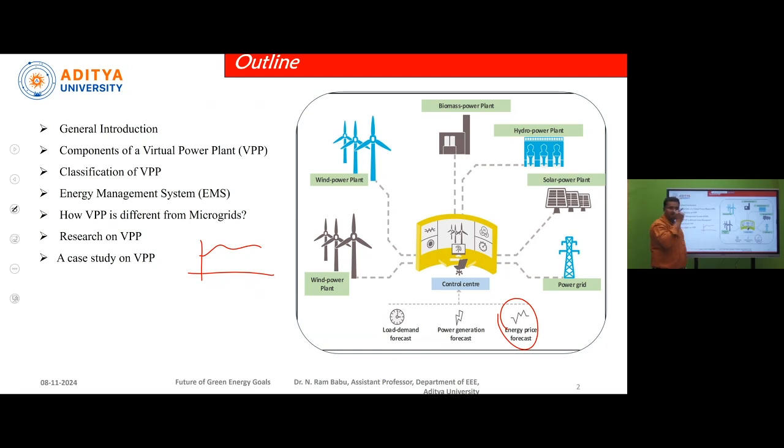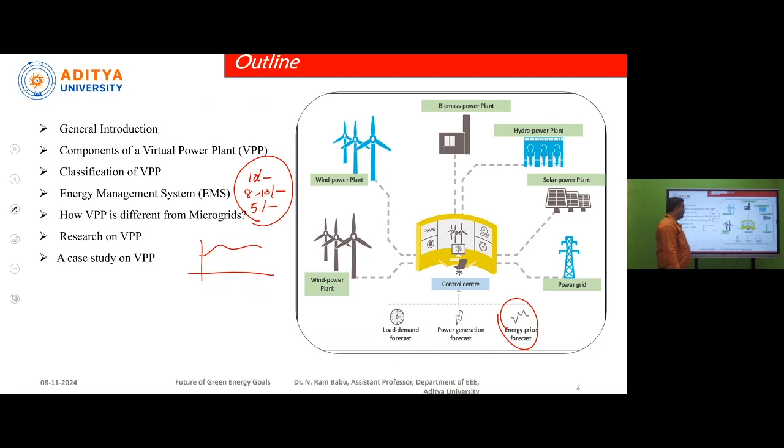The energy price is not the same on all days, especially for industries. You will be selling at around 10 rupees per unit. For commercial buildings it is around 8 to 10 rupees per unit. And for residential buildings, the energy will be around 5 rupees per unit. And also, this unit consumption rate is not the same throughout the hours.